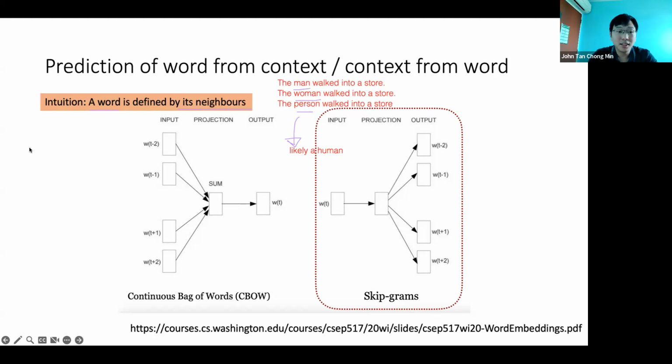So you can see that you can define this word by just the presence of the neighboring words alone. And that is the idea behind continuous bag of words. Continuous bag of words actually has nothing to do with bag of words. I believe they called it continuous bag of words because they wanted to follow up from bag of words.